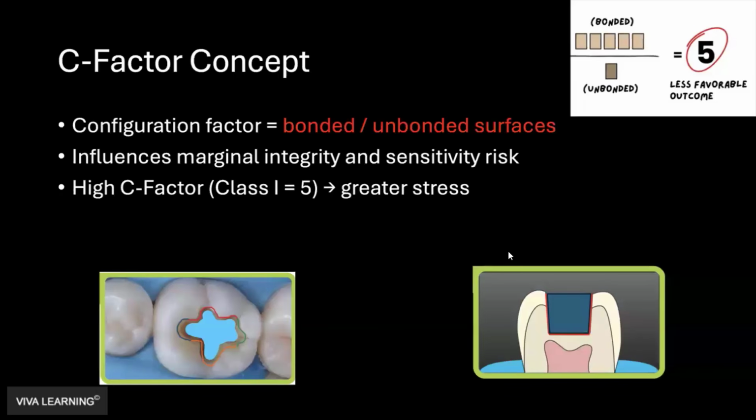And when we bulk fill a restoration, like a class 1 restoration, so you can understand what happens, this wall will pull towards the center, the bottom wall will pull towards the top, this wall will pull towards the center, and the top wall will pull towards the center. Basically, everything pulls towards the center. And when that happens, you create a lot of stress on this cusp over here.